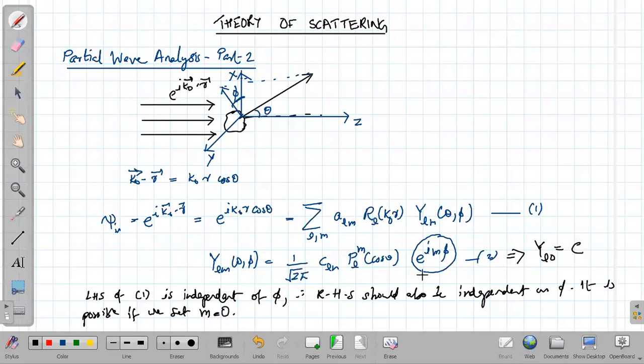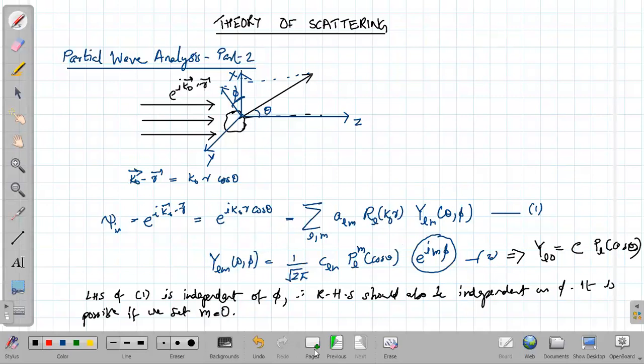Then P_lm(cos theta) becomes P_l0(cos theta), which is simply the Legendre polynomial P_l of cos theta, then e raised to 0 is 1. So if m equals 0, then the spherical harmonics simply become the Legendre polynomial.